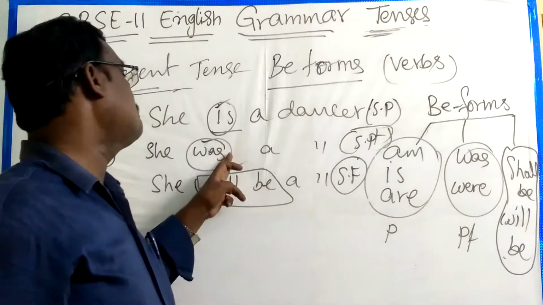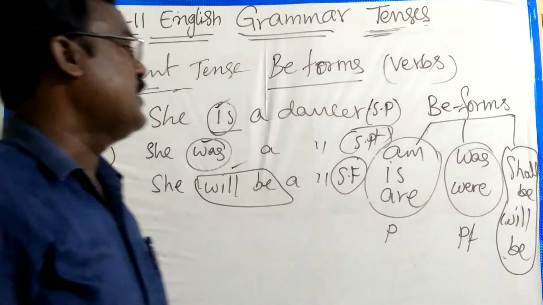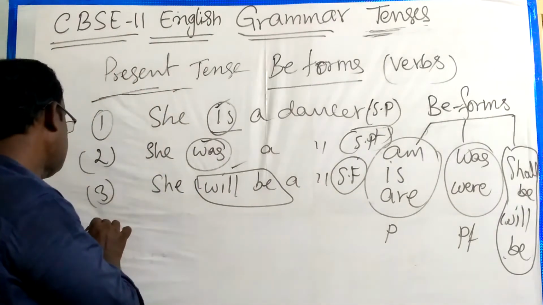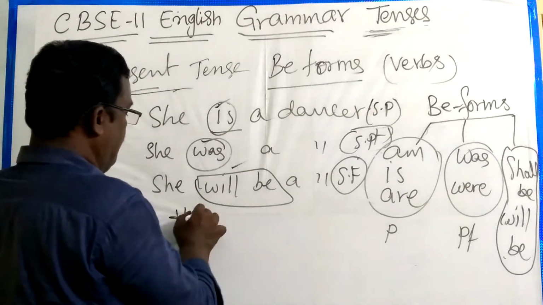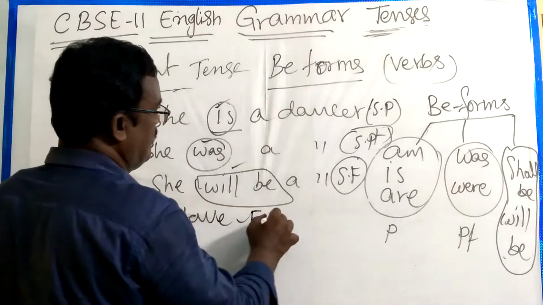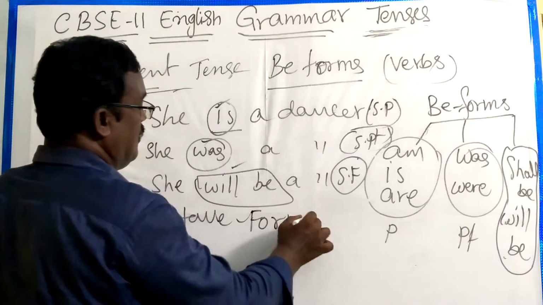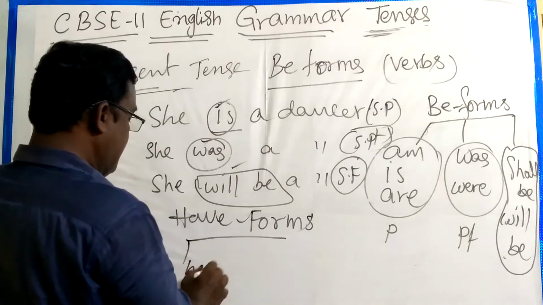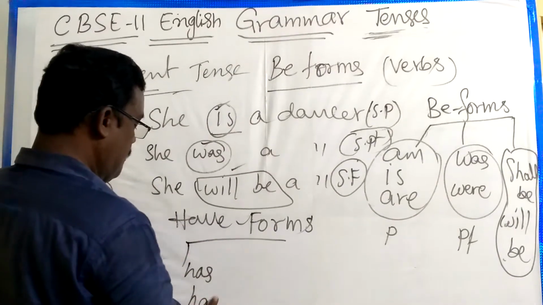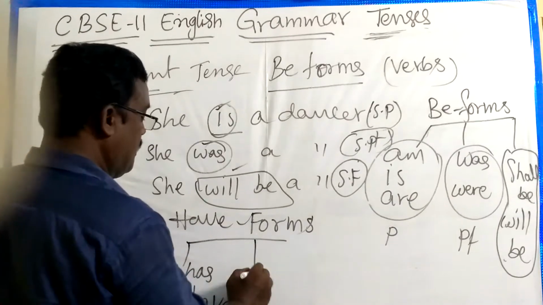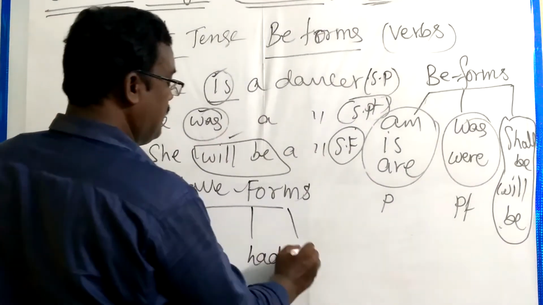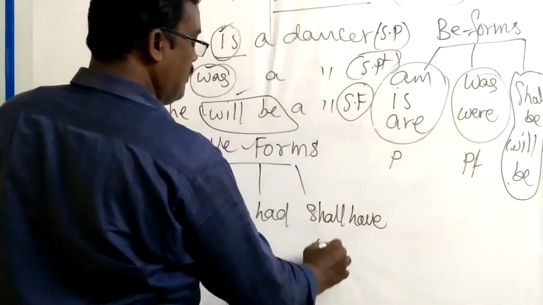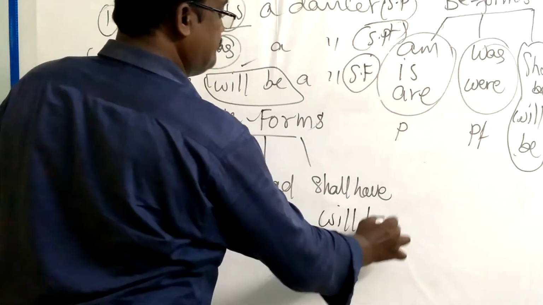So present tense, past tense, and future tense. Now, come to the have forms: has, have; had; shall have and will have.